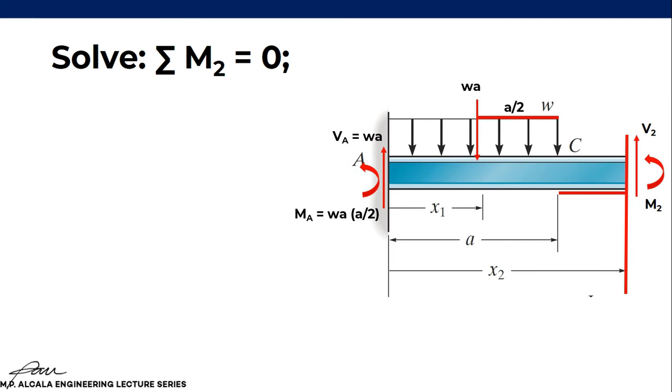So, let's solve. Take note of this. What is this value? Because it's very important. This value, this red line, that is your x2 minus A, because we will be needing that when we solve the moment arm of WA with respect to point 2. So, let's look at this.